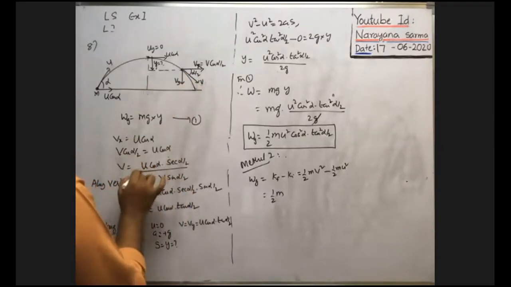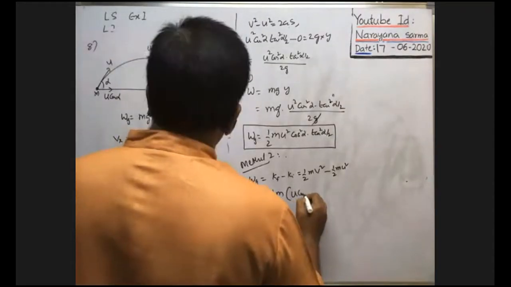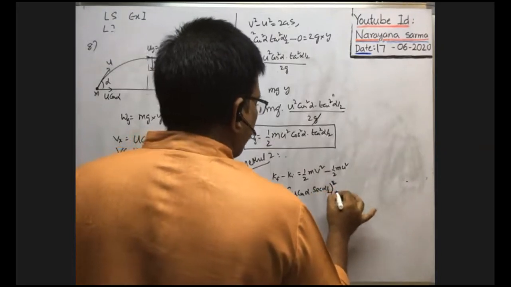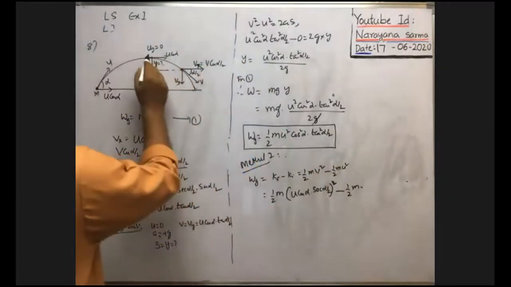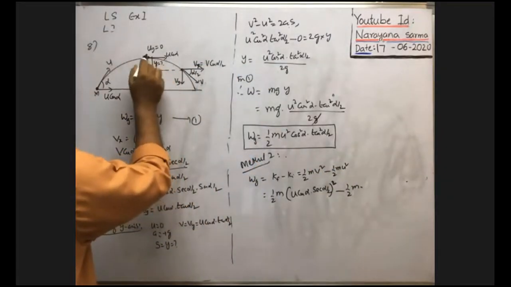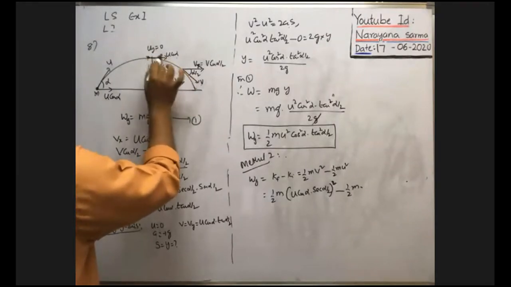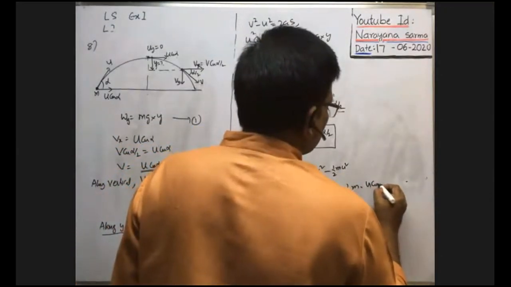V square means already we got this one. That's why u cos alpha into secant alpha by 2 whole square minus half m into initial velocity. At the highest point, initial velocity has only u cos alpha. That is only the velocity of the body at the highest point. That's why u cos alpha whole square.